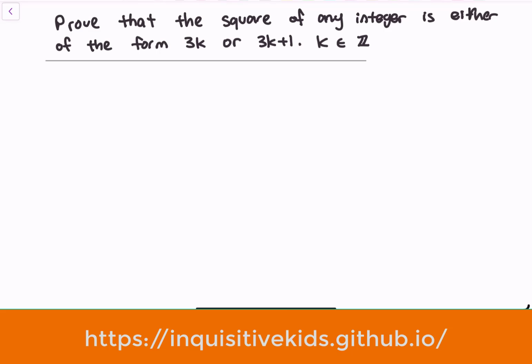So our proof will use the division algorithm. What the division algorithm says is that any integer, a, can be written as bq plus r. In this case, q is the quotient, and r is the remainder.